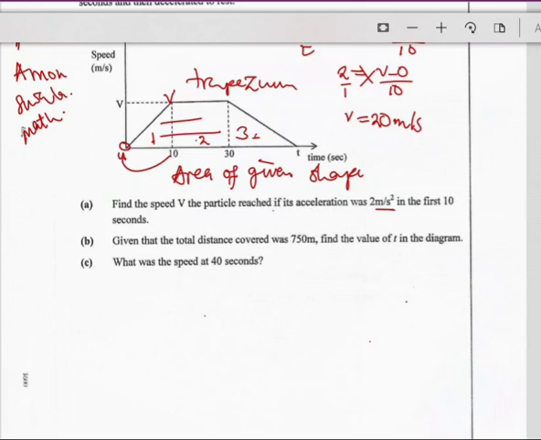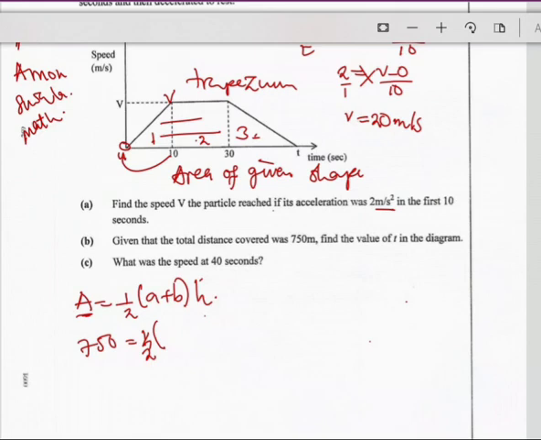We are just going to use the trapezium formula, which is A equals half (a plus b) times h. A stands for the area, which is 750, equal to half.